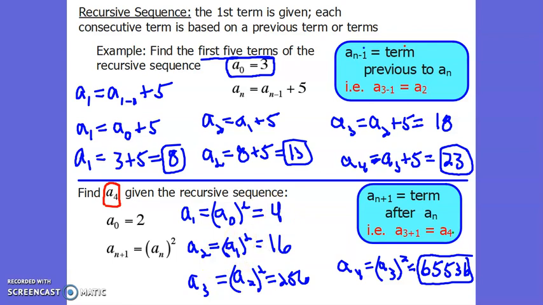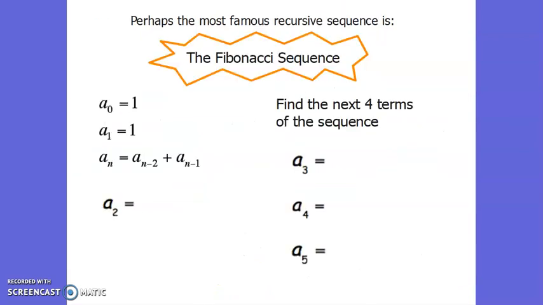One of the most famous recursive sequences is what's called the Fibonacci sequence. The Fibonacci sequence is actually sort of a double step. If a sub 0 is 1 and a sub 1 is 1, well, to find any term, I need to take the term n minus 2, 2 steps back, plus a sub n minus 1, the term 1 step back.